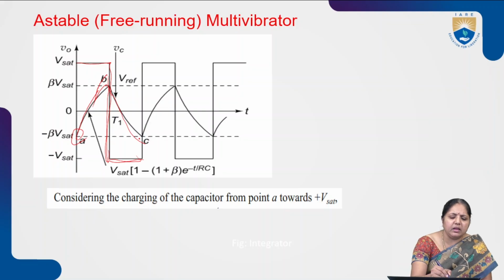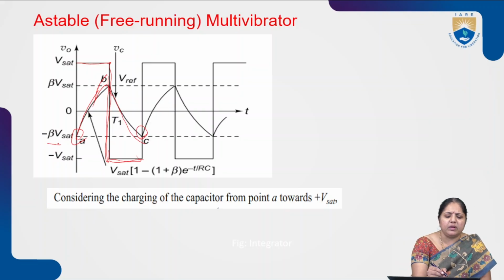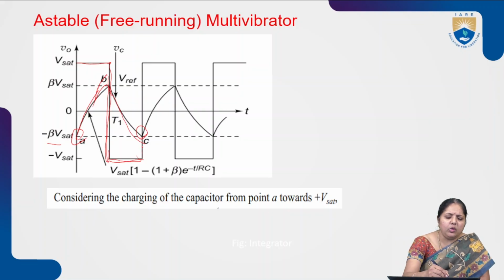But when the voltage across the capacitor comes to minus beta Vsat itself, immediately the non-inverting terminal voltage becomes more than the inverting terminal voltage. Again the output voltage will move from minus Vsat to plus Vsat, and a square wave is obtained.